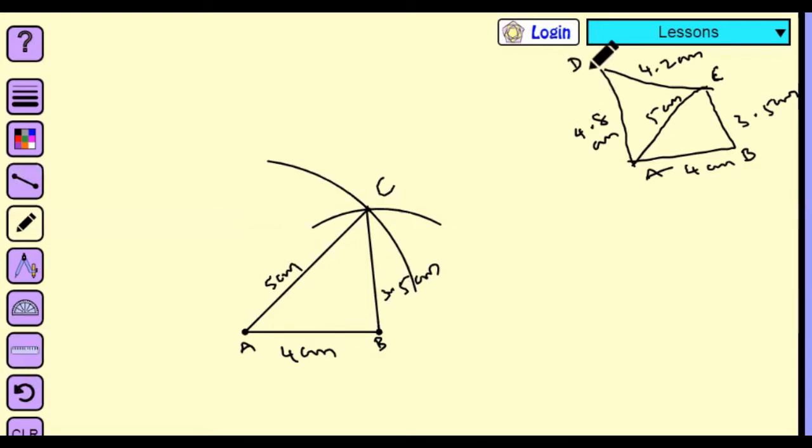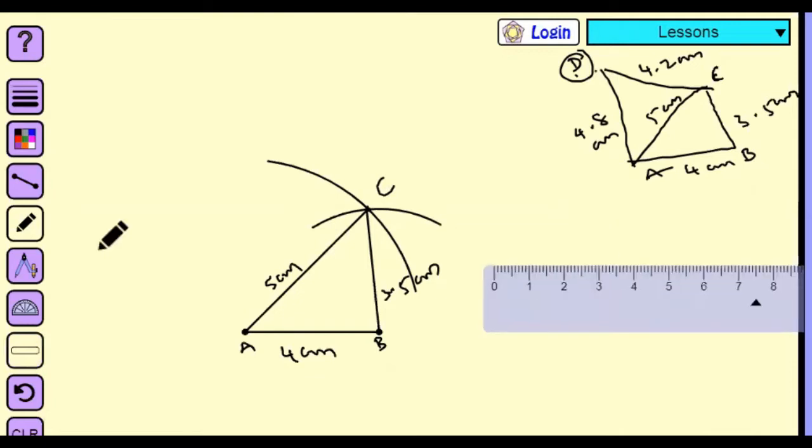Now we are going to locate the point D. So we need to draw an arc from A with 4.8 centimeters.